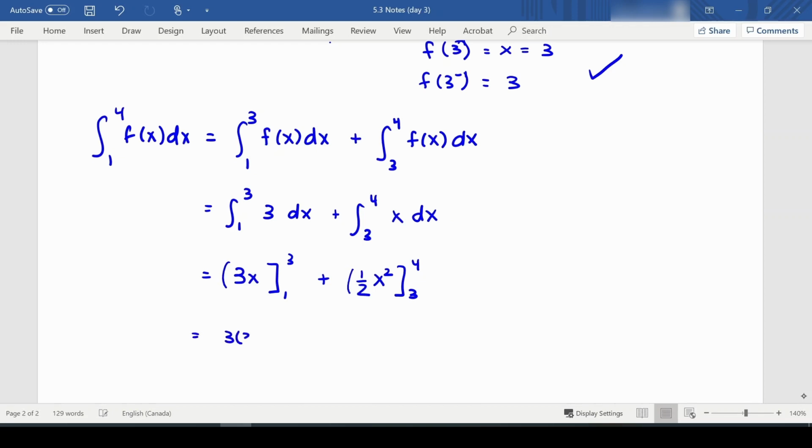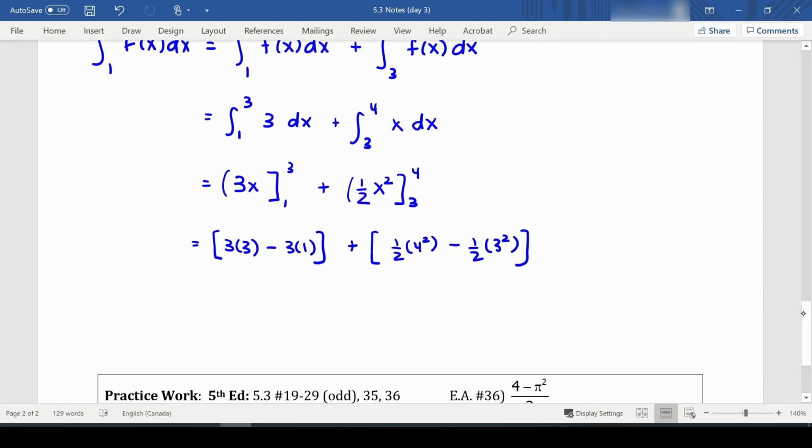So this is going to give me 3 times 3 minus 3 times 1, and this is going to give me 1/2 times 4 squared minus 1/2 times 3 squared, which is going to give me 9 minus 3 plus 16 over 2 minus 9 over 2, which is going to give me 6 plus 8 minus 4.5, or 9.5.